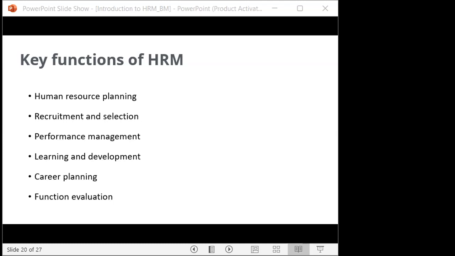Then we have the function evaluation. In some references, it would say job evaluation. So what is meant by that? It is mainly evaluating the job. Whatever we have defined, we need to see whether it is correct or not. That is what we mean by function evaluation.